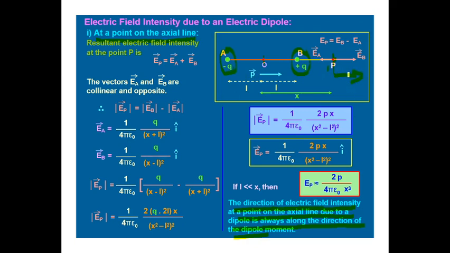So this is the electric field due to the dipole on the axial line, and this is an important question. Remember this formula: EP is approximately 2p divided by 4 pi epsilon naught x cube, because L is very small and is neglected. Remember this formula for solving numericals.